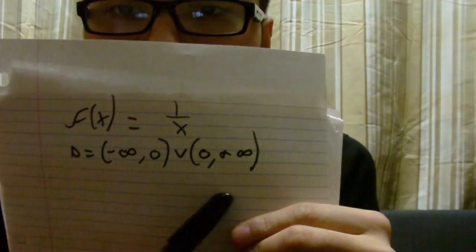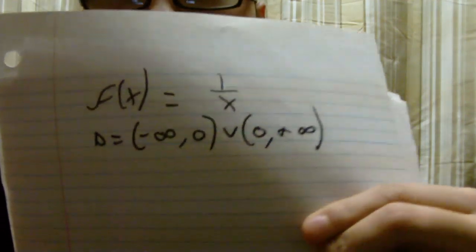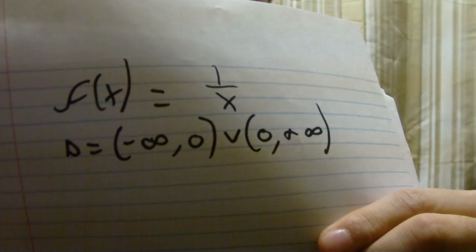So you would skip 0. Domain is negative infinity to 0, or 0 to positive infinity. This is a marker, so pretend this is positive. Okay? The range.